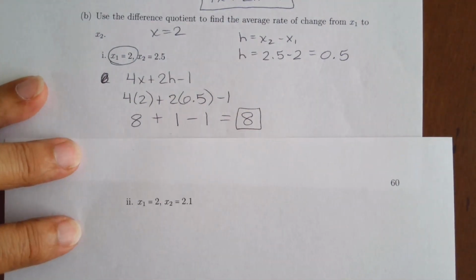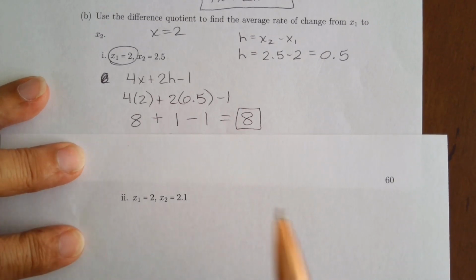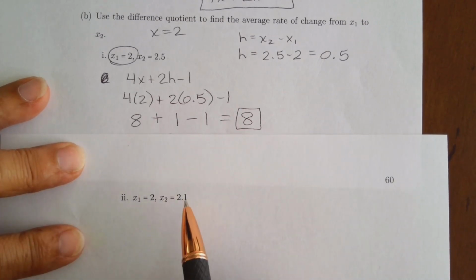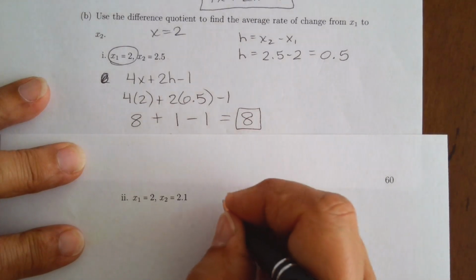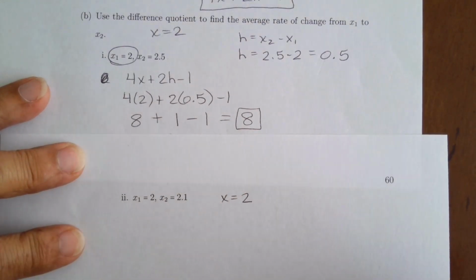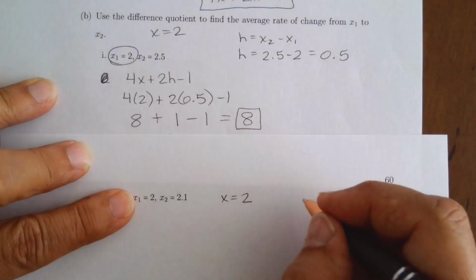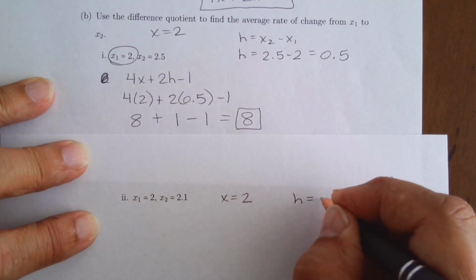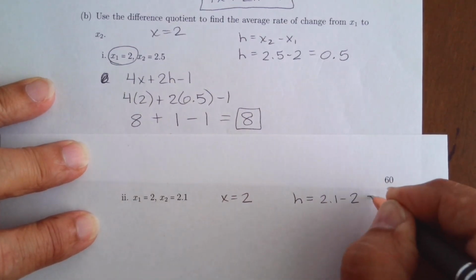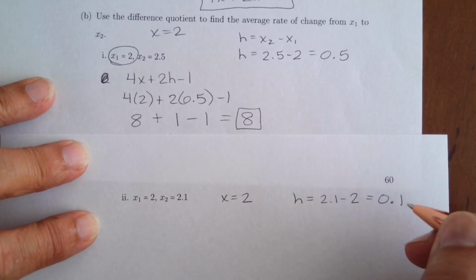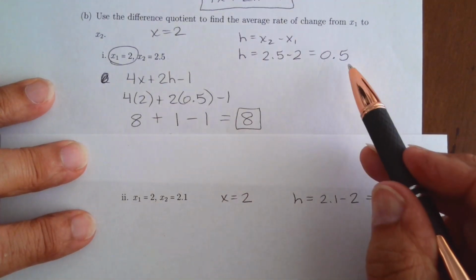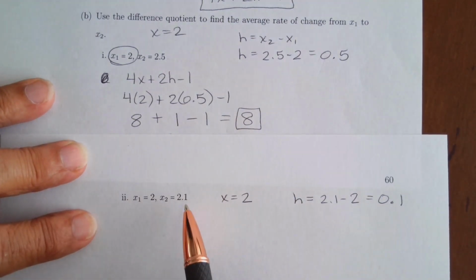All right, so now if you look at part 2, we're going from 2 to 2.1. So x is still 2, still our starting point. But now h is going to be 2.1 minus 2, or 0.1. So our h value changed because we didn't go as far.